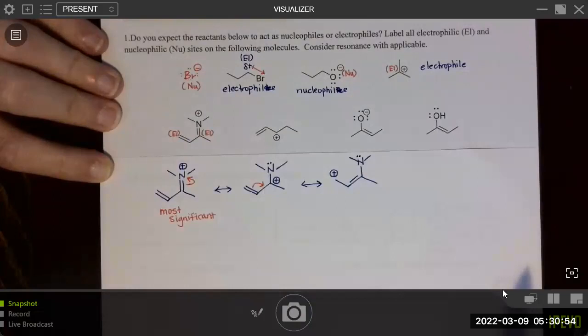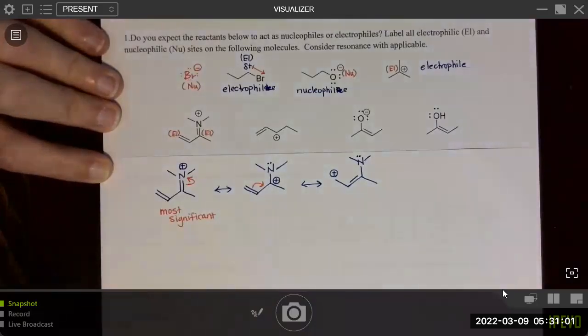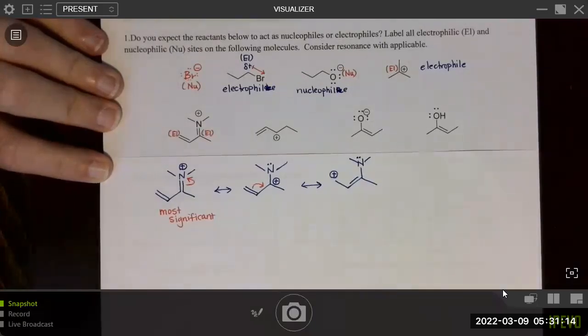And remember that the carbons that lack an octet are particularly unstable, with that positive charge. So nucleophiles typically will react with those to help satisfy the instability of the positive charge at that carbon. It would not be wrong, though, if you also included the nitrogen as one of the electrophilic centers.